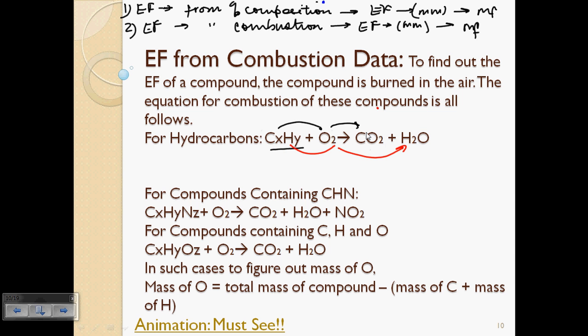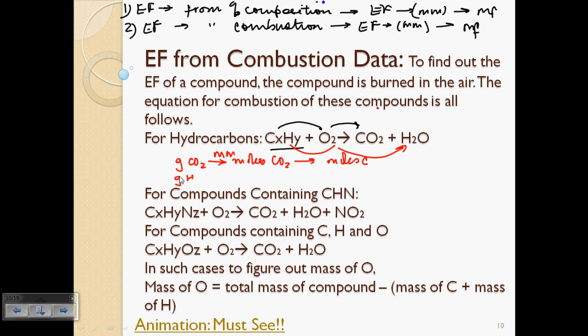And if we could figure out how many grams of carbon dioxide was formed, then using the molar mass we can figure out moles of carbon dioxide, and then using stoichiometry, we can figure out moles of carbon.